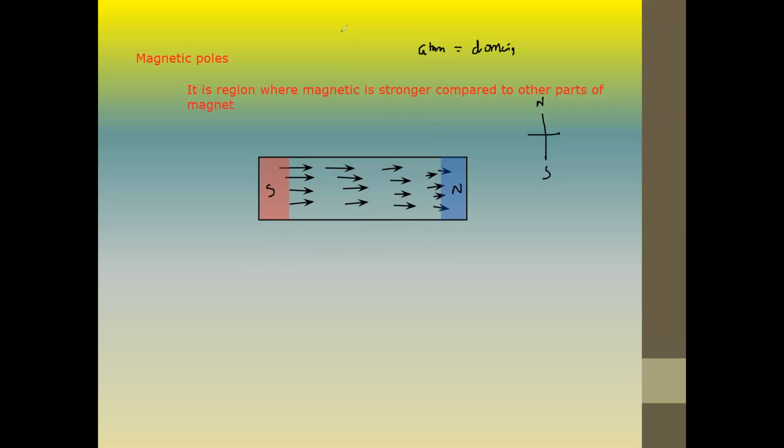Now what if we break this magnet into two halves? When we break this magnet into two parts, it will still not be that one side is south. When the magnet breaks into two halves, again it will have two regions.